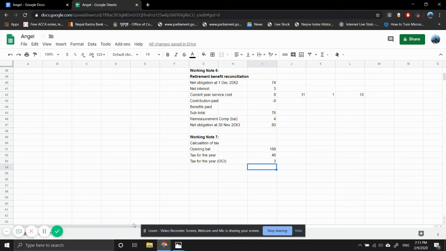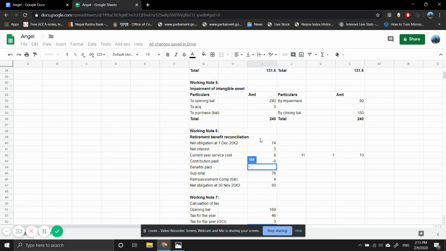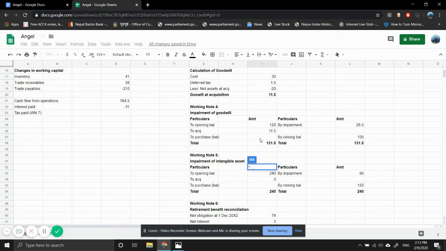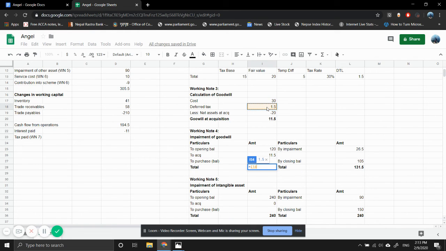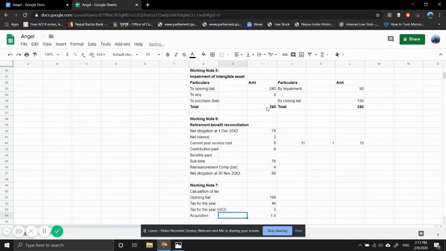And then let's look at acquisition. What has happened? There has been something over here with acquisition. In case of acquisition, our tax liability has gone up. See, 1.5, which is from working note 2.